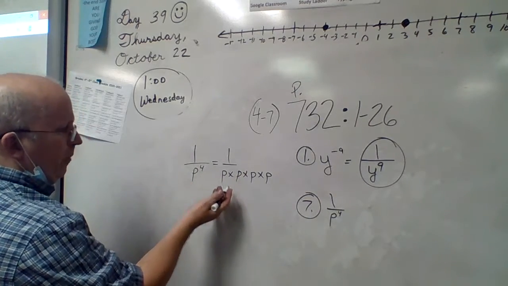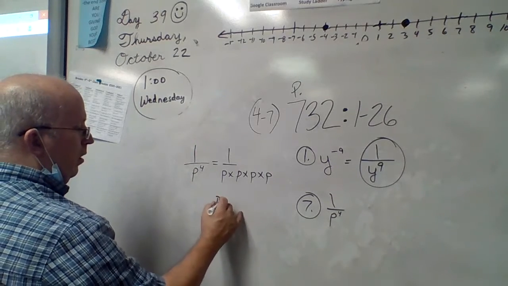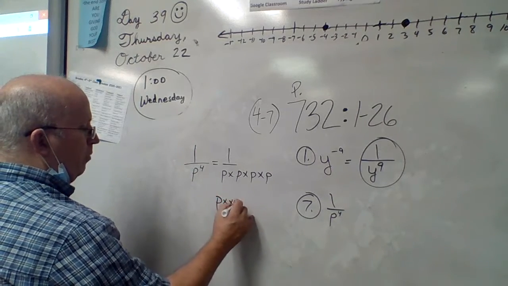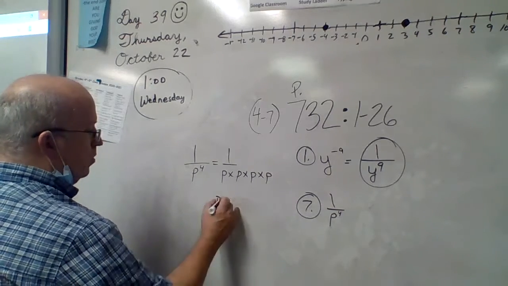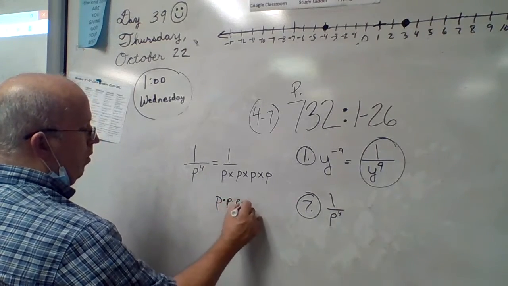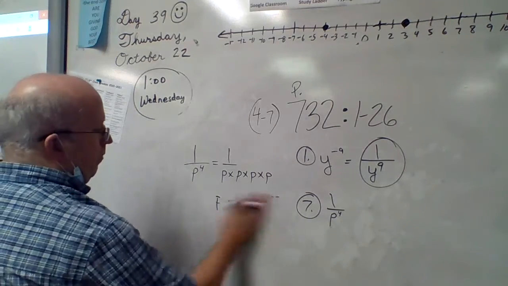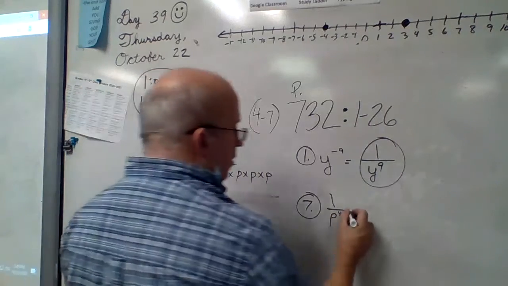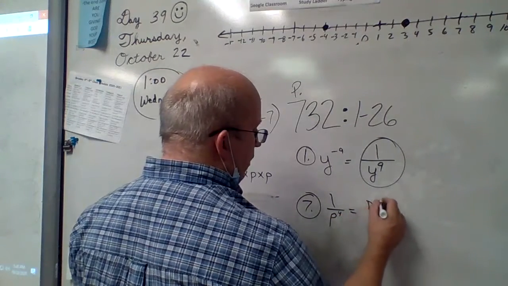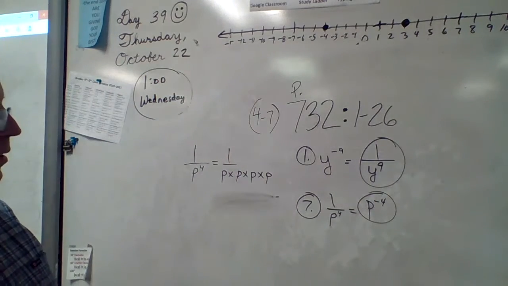And if I was somehow able to flip that right side up, p times p times p times p. That's really p to the 4th power, right? Yeah. So, in this particular case, we think about the reciprocal of that, and we get p to the -4th. That's really what they're looking for there.